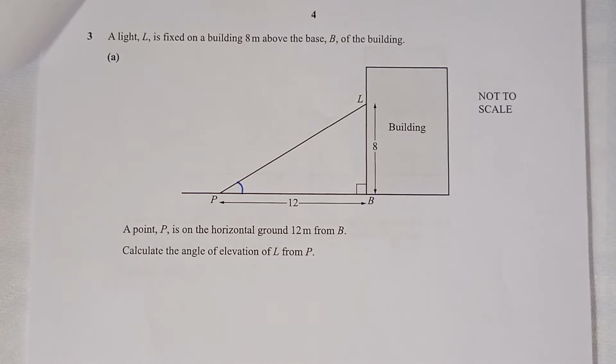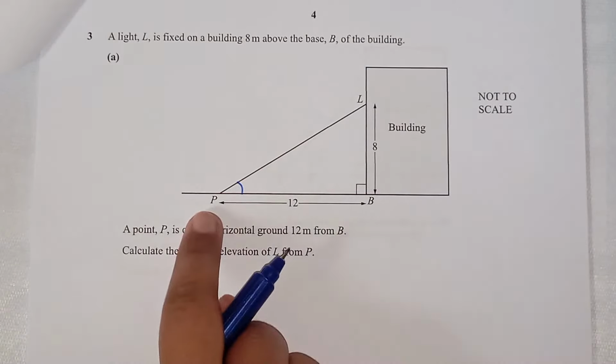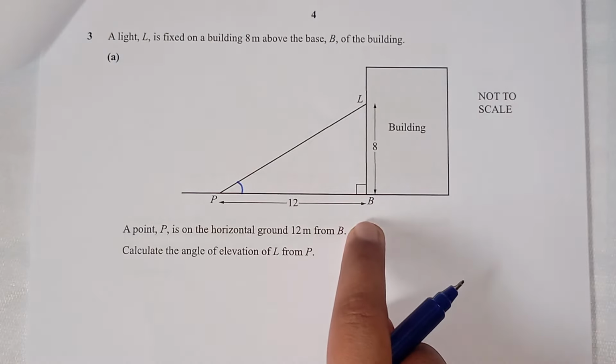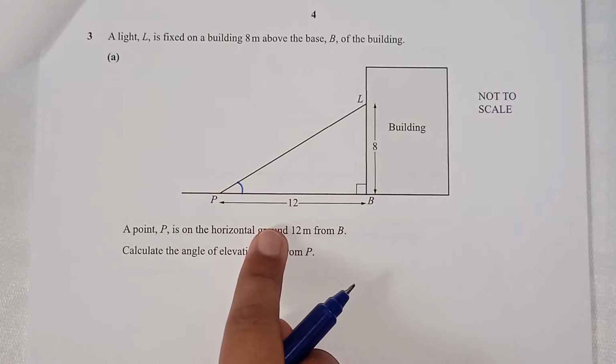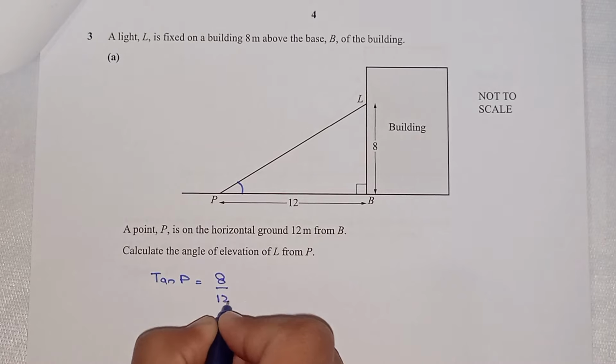So as we can see that this is a right angle triangle. PLB is a right angle triangle. This is angle P, the front side is opposite, and this would be the adjacent. So we can use a trigonometric ratio to find out the angle P. So we can use tan P would be opposite over adjacent. So the opposite is 8 and adjacent is 12.